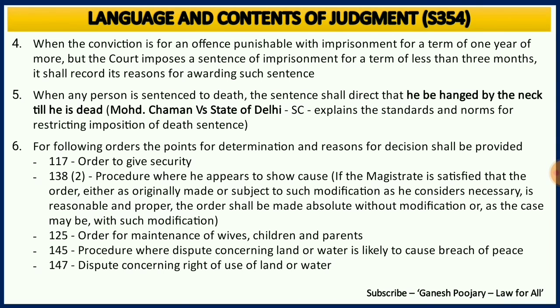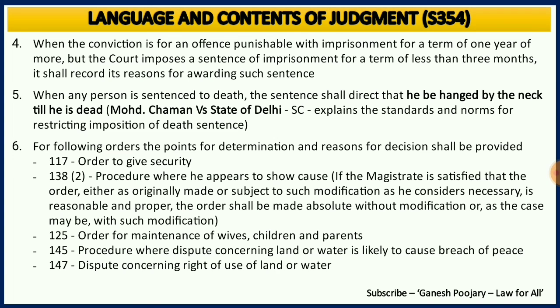And then comes subclause 6, where 5 sections are mentioned. I have brought all the details of these 5 sections also for making your reference easy. Section 117, which discusses order to give security. 138 actually discusses procedure where he appears to show cause.